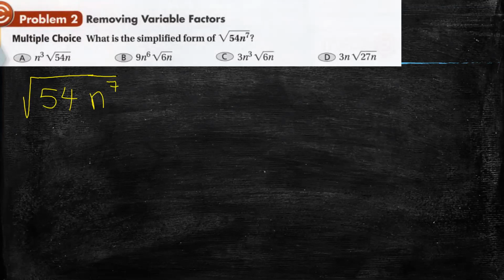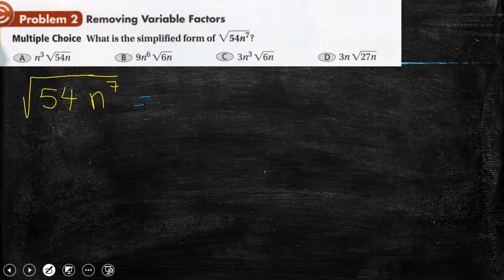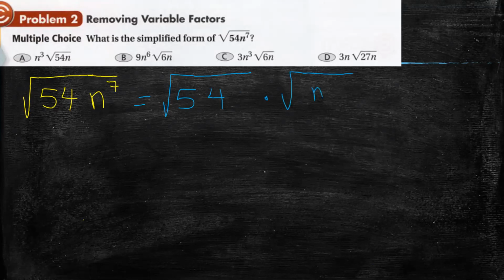Now, the first step, I will put them in two parts. One is square root of 54 and the other one is square root of n to the power 7. I will put the 54 under a square root and n to the power 7 under another square root.